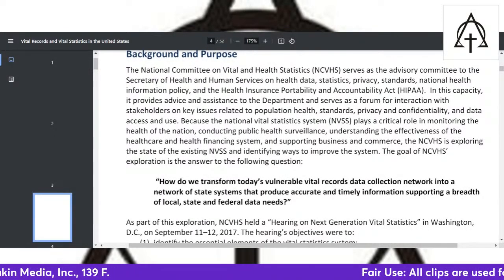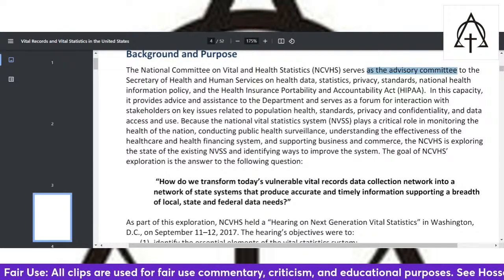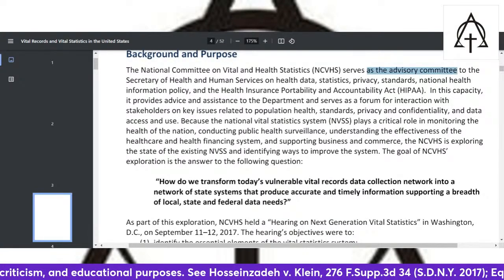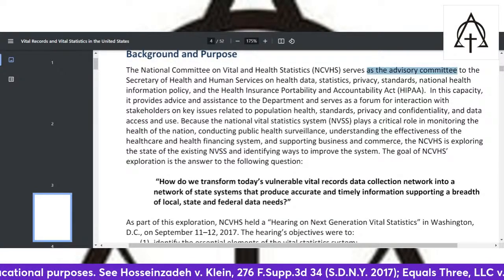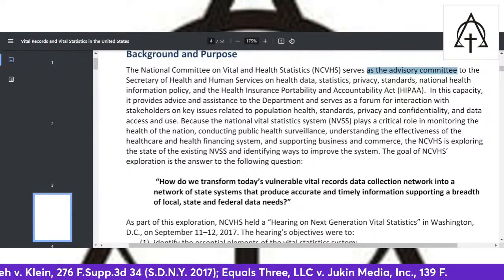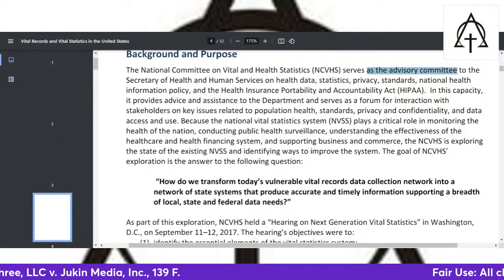The National Committee on Vital and Health Statistics serves as the advisory committee. Again, none of this stuff is law, folks. Not one bit of it can we find is law. To the Secretary of Health and Human Services on health data, statistics, privacy, standards, National Health Information Policy, and the Health Insurance Portability and Accountability Act.